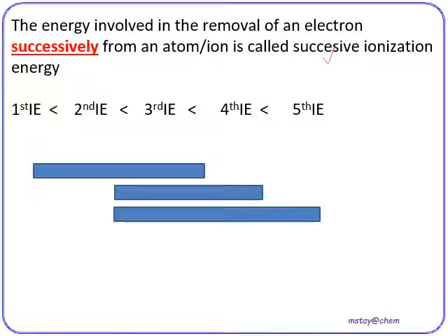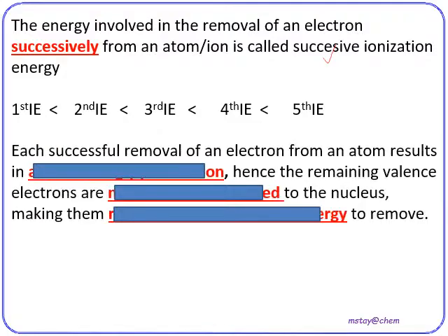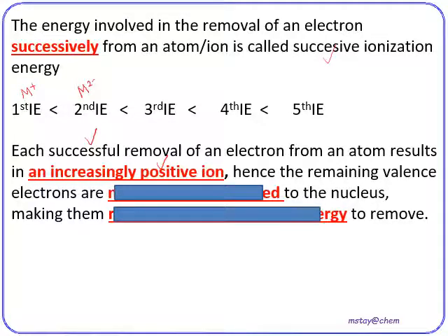Now, let's look at the explanation. When each electron is removed successively, the atom becomes increasingly positive. Let's say at first we remove one electron from M. After removing one electron, M becomes M plus. Second electron, M becomes M2 plus. Third electron, M3 plus, M4 plus, M5 plus, and so on.